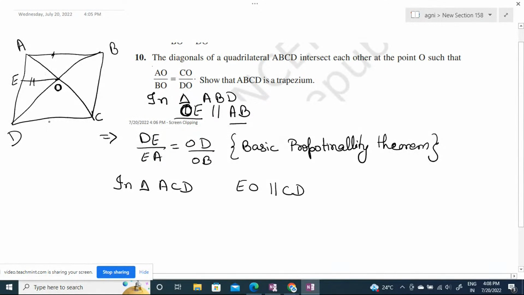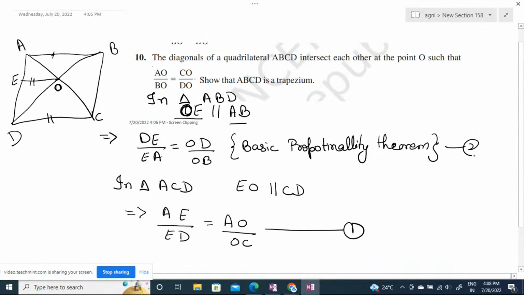Now we take this line and this line. So from here AE upon ED is equal to AO upon OC. Now comparing 1 and 2, AE and ED are the same.